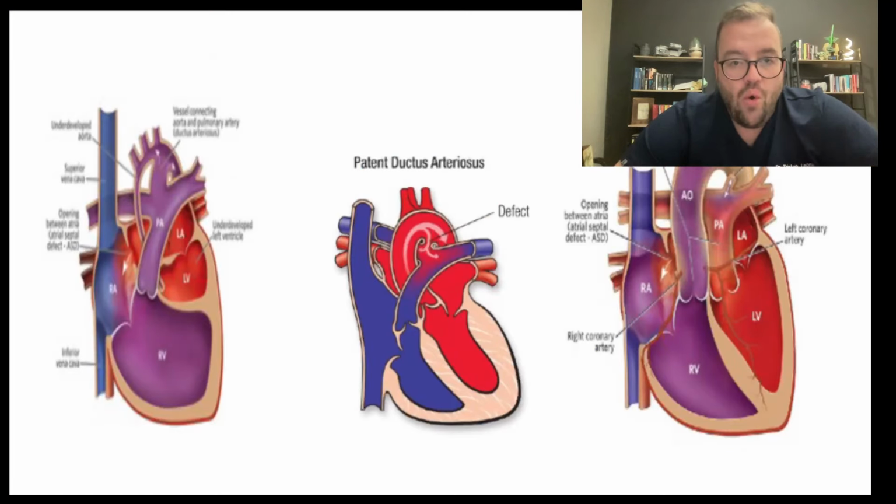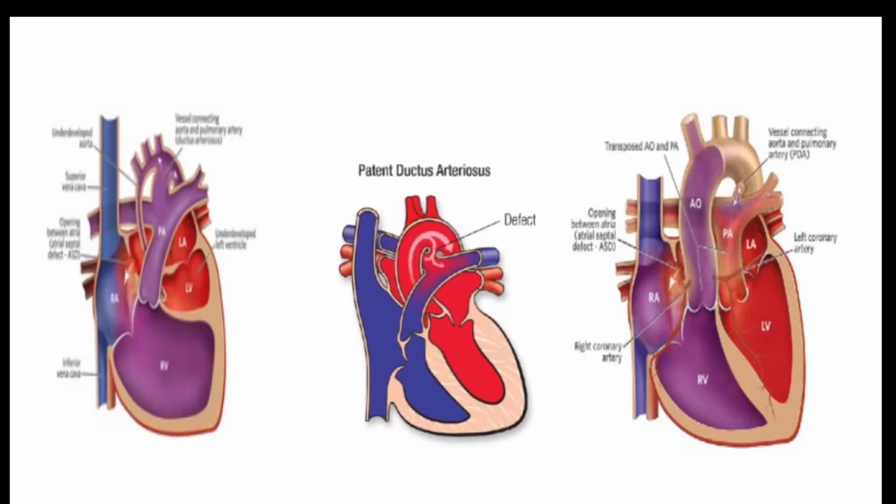Let's look at some more over here. Firstly, we're going to look at the patent ductus arteriosus over here. And as we see there, we have a lesion that is connecting the aorta to the pulmonary artery, and we get a massive left to right shunt. Okay. Over here, on this side, we have total anomalous pulmonary venous drainage.